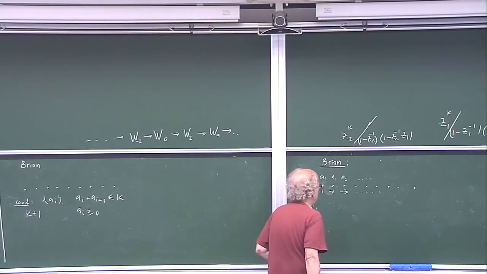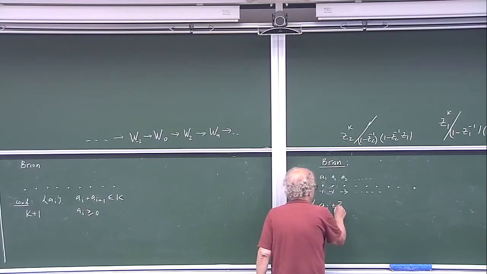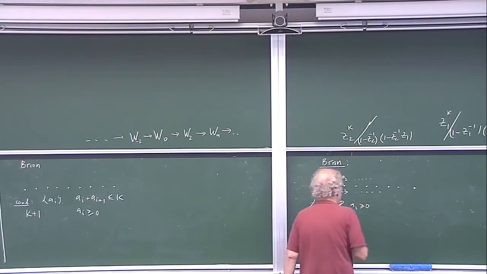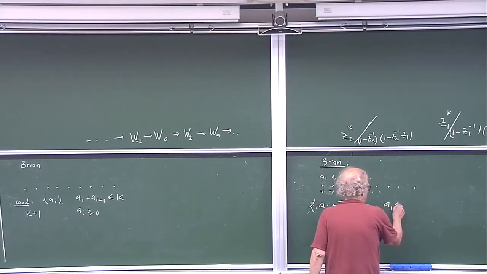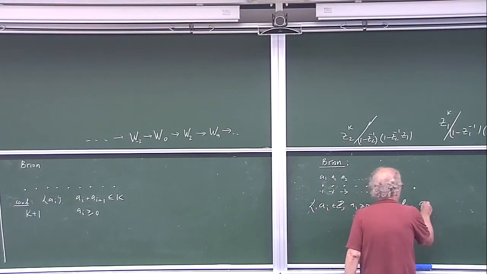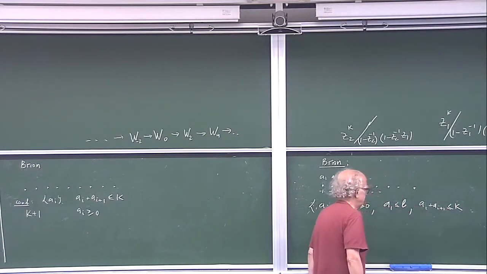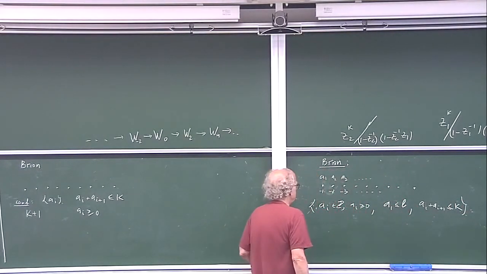It lives in a half of my space, and I want the A_i to be integer as usual, and non-negative. My conditions are the following: A_1 is less than or equal to some L, and A_i plus A_{i+1} is less than or equal to some K. Actually, what does it mean?